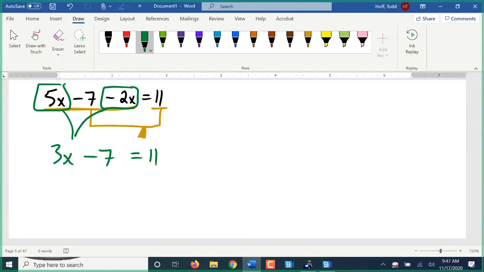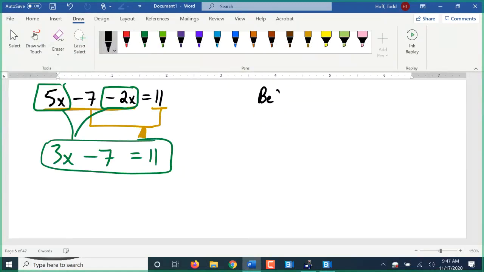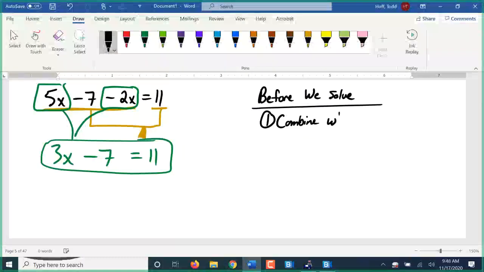So we combine the 5x and the negative 2x, and now we have an equation that looks like the ones we've been solving. So sometimes before we solve, one of the things we have to do is to combine what we can on each side of the equation.